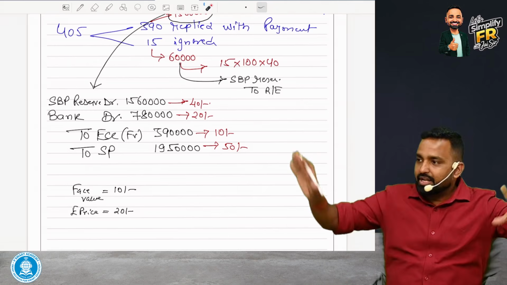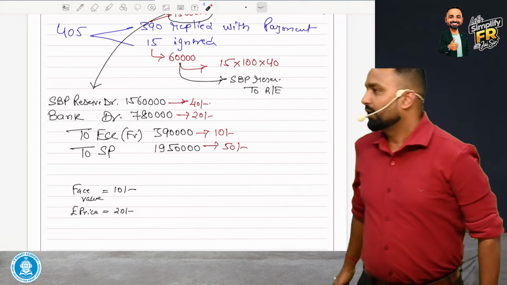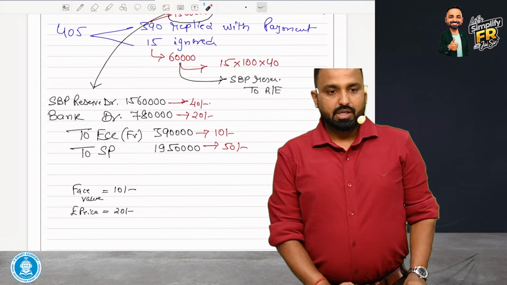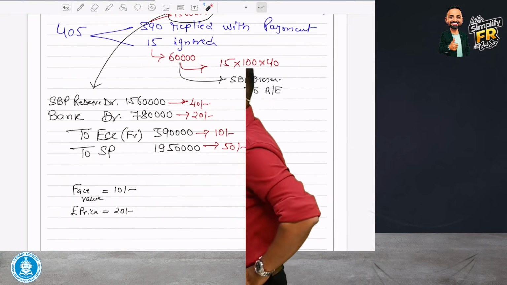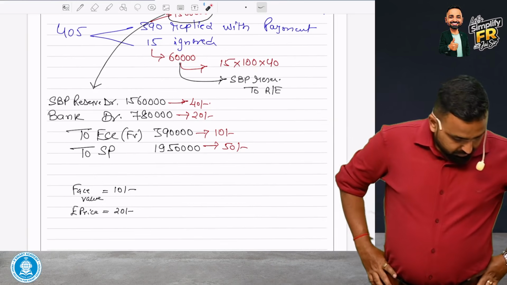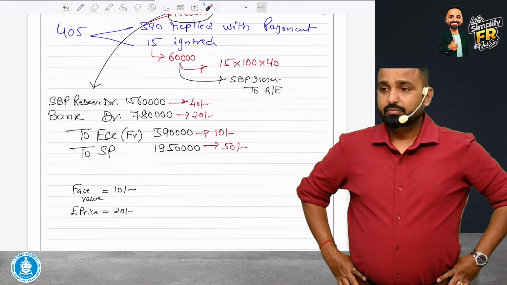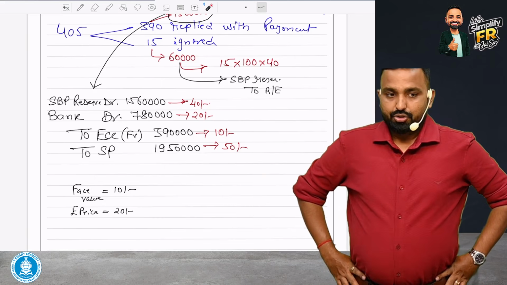Understood the full accounting? That's it. This was an equity settled transaction overall. We will write it, don't worry. Everyone, tell me. Clear? Sure?